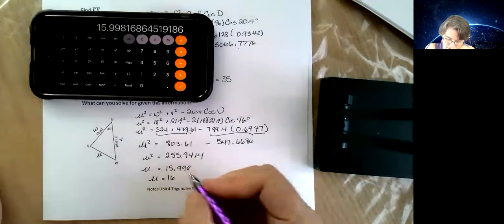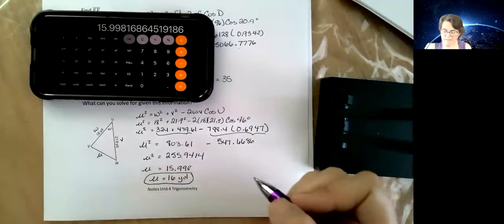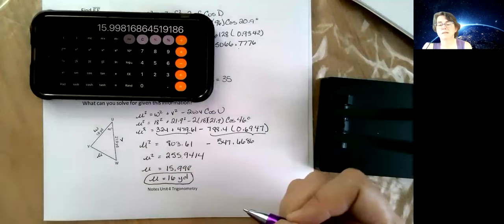So if we square it once, that takes me back there. And we square root it again. 15.998. So u is equal to 16. And this says yards, so I can put yards. If you want to argue and want to put one decimal place, well, you know what? You could put 16.0, and that would be fine too. I know you don't want to argue with me. Why argue? Life's good. Math is cool.